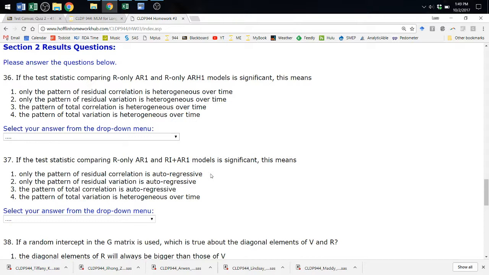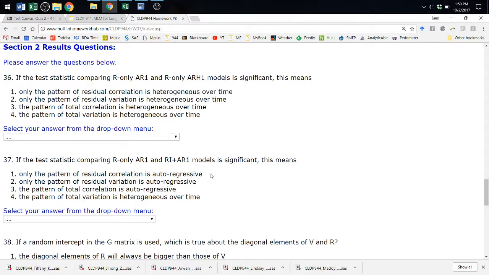Well, if I have my tapered jeans model, that would be an R-only AR1. That model says that the total variation is the same across time, and the total covariation is described by an autoregressive pattern. I say total because if I don't have a random intercept, then R and V are indistinguishable.